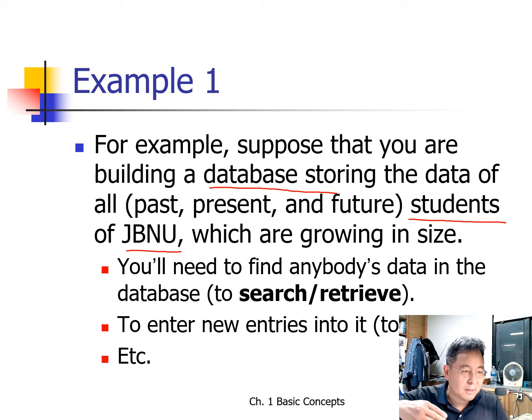But year by year, the data size will increase because new students are incoming and graduate students are going. So the number of students will grow in size every year. But I want to store all the data of students in our data structures.